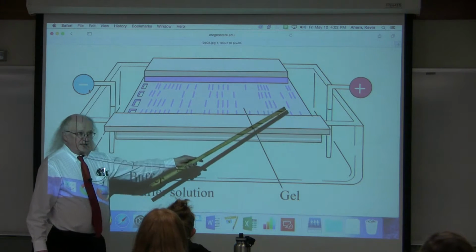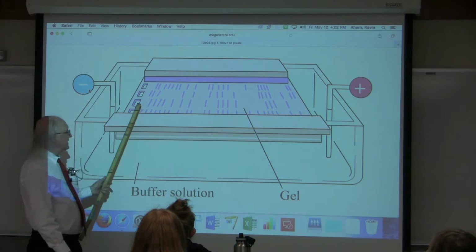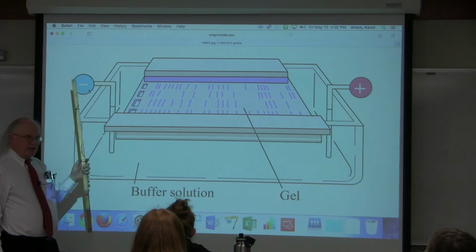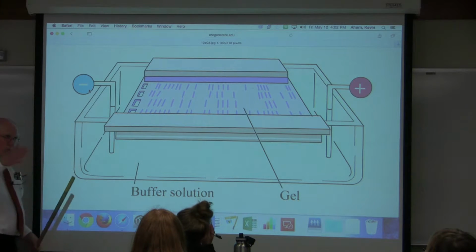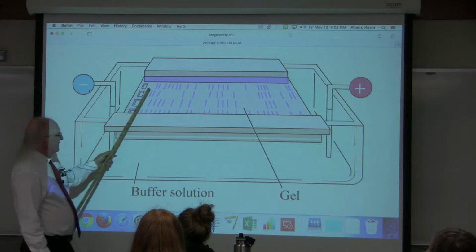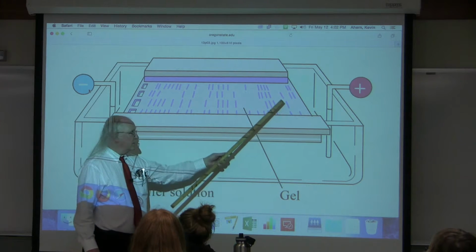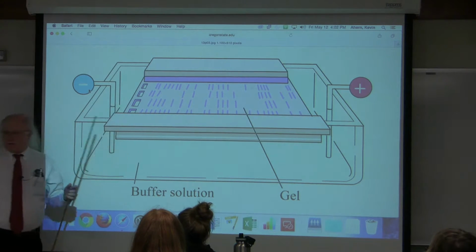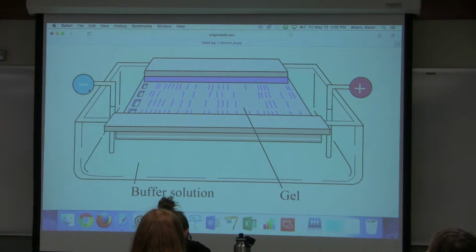They move as fast as they can away from that. Since the ratio of size to charge is constant, because there's one phosphate for every nucleotide, these fragments separate solely on the basis of size. The smallest ones are at the bottom, the largest ones at the top. We talked about that previously.